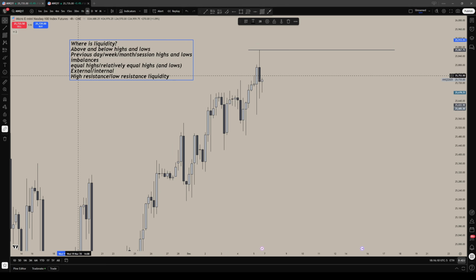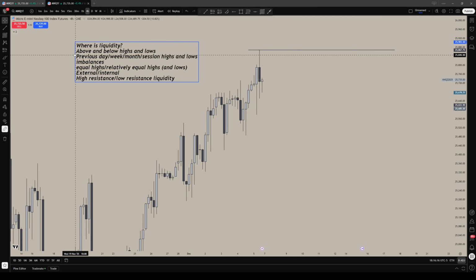So again, liquidity is above highs and below lows. Specifically, these are high resistant liquidity zones. Sometimes they form next to each other and create equal highs, relatively equal highs and lows. Liquidity is found internally in the structure and externally, and it comes in high resistance liquidity and low resistance liquidity.